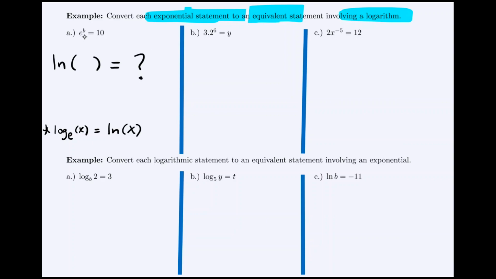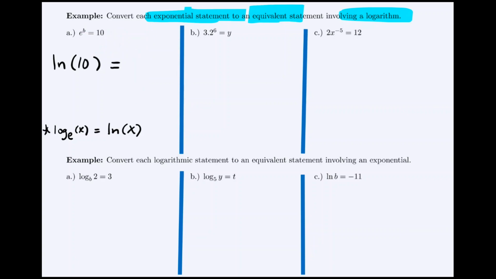And we keep in mind that exponentials and logarithms are inverses, so we have our base e here. That's where the base went. And remember, the input of the exponential becomes the output of the logarithm. The output of the exponential becomes the input to the logarithm.